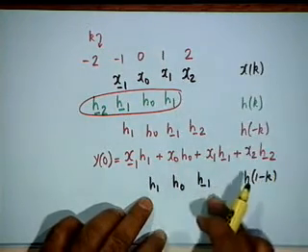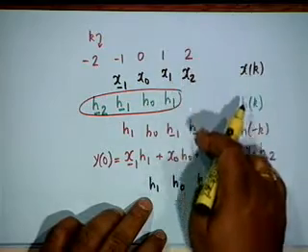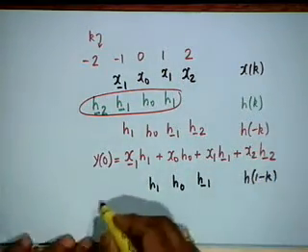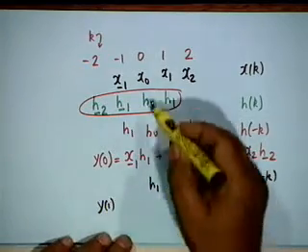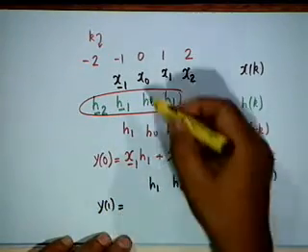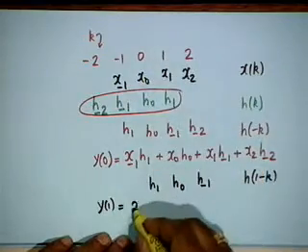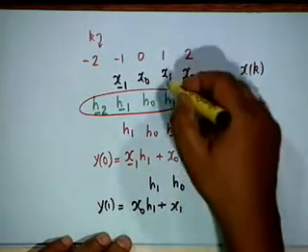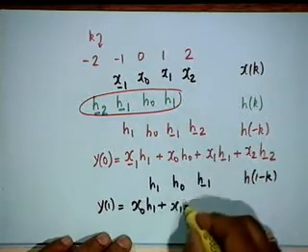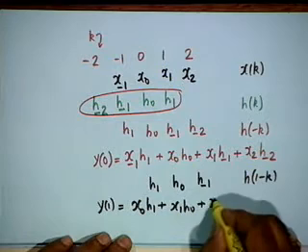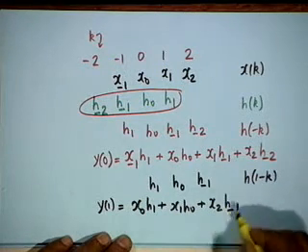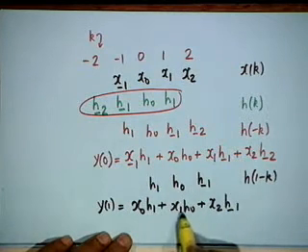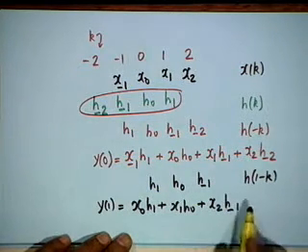So, I shift it till there is an overlap with x, I do not shift it beyond that, and now I can write y of 1, the corresponding signals, that is x0 h1 plus x1 h0, all right, plus x2 h of minus 1. Notice that the sum of the subscripts 0 plus 1, 1 plus 0, 2 plus minus 1 is again the argument of y, 1.